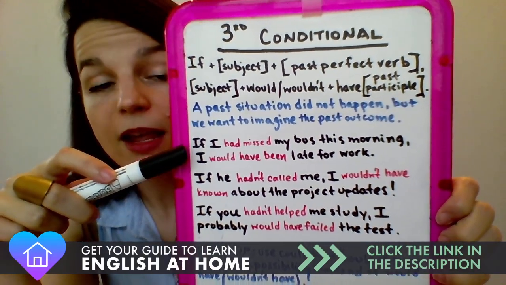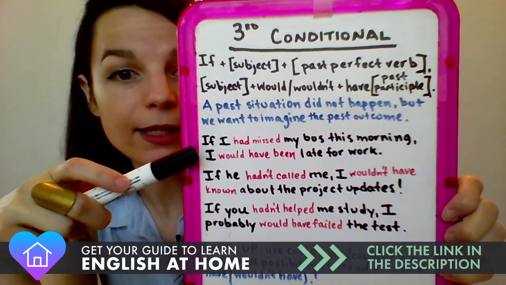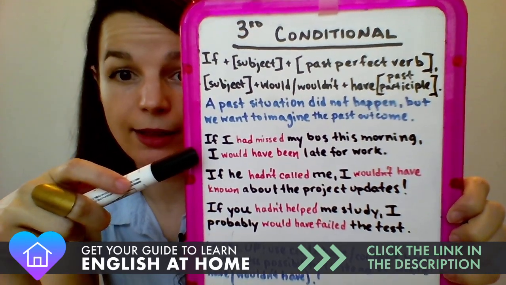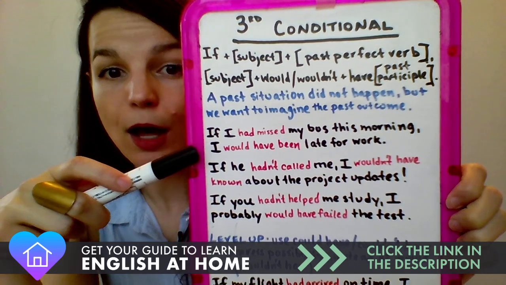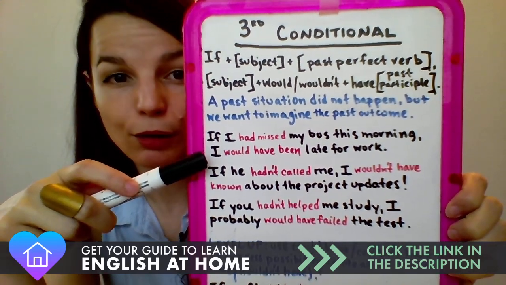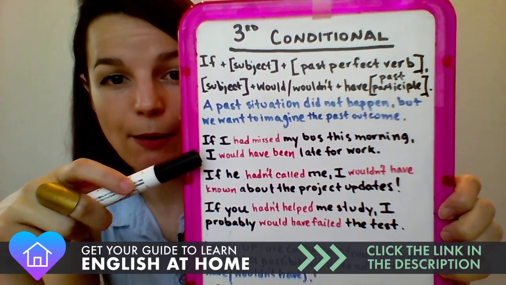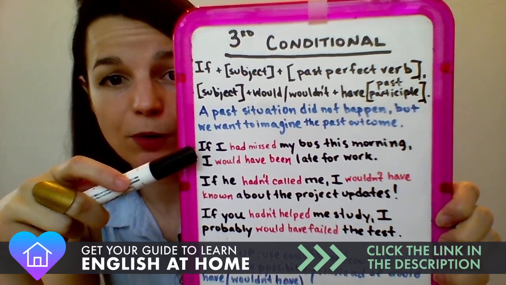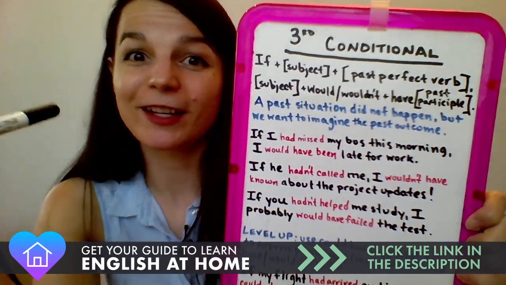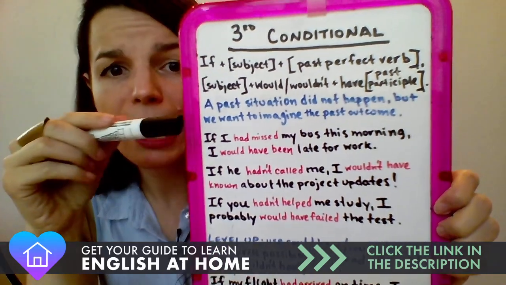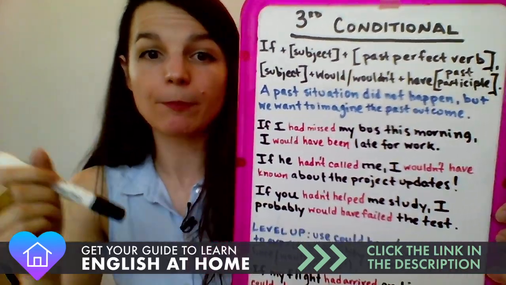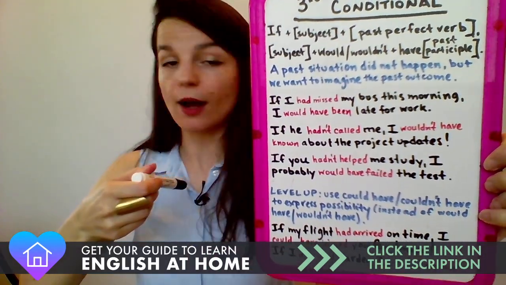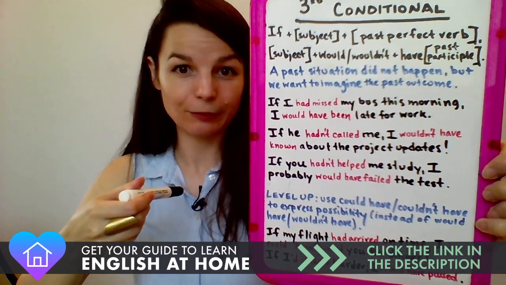First, if I had missed my bus this morning, I would have been late for work. So what is happening here? If I'd missed my bus this morning, I'd have been late for work. That's what it sounds like at native speed. If I had missed my bus this morning, this means I did not miss my bus. I was okay.